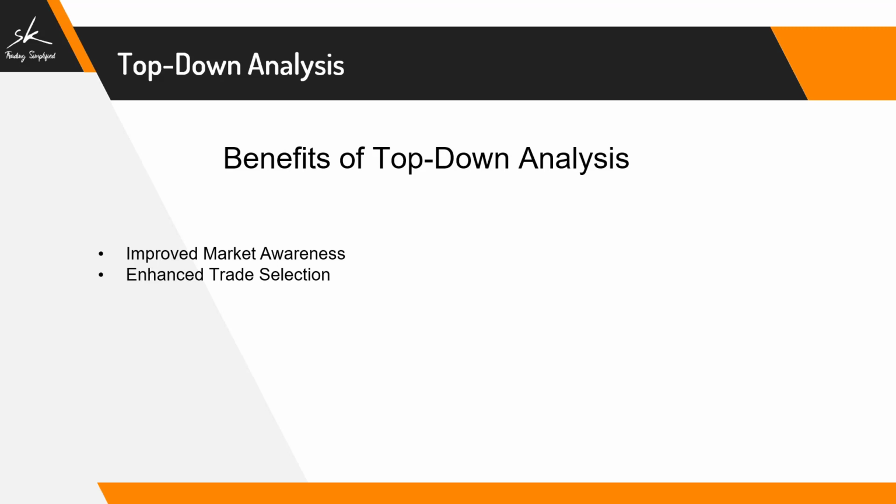By aligning your trades with the broader market trends and selecting stocks from strong sectors, you increase the probability of your trades moving in the desired direction. This improves your trade selection process and boosts the potential profitability of your trades. With top-down analysis, you can identify sectors or stocks that may carry higher risk. By avoiding or minimizing exposure to weak sectors or stocks, you can protect your trading capital and manage risk more effectively.